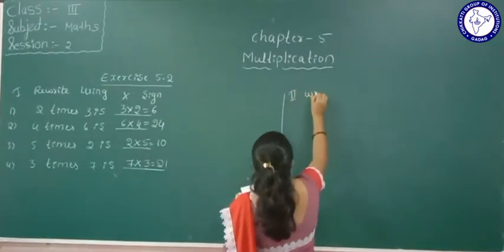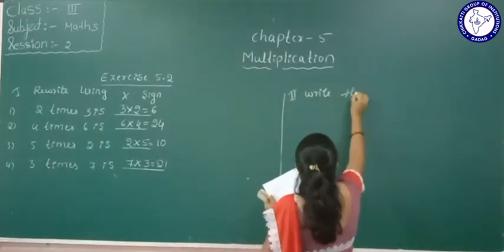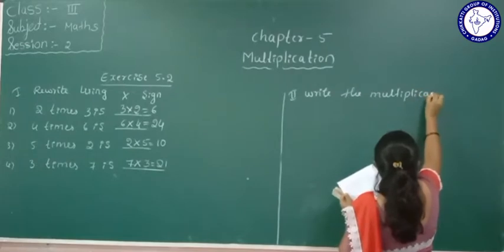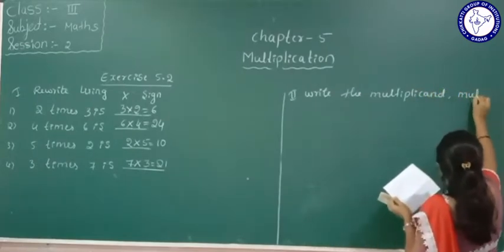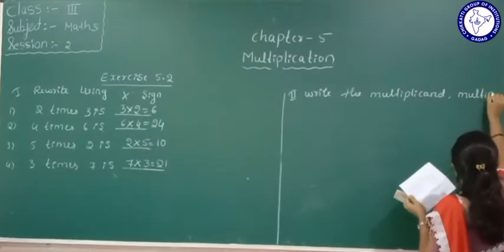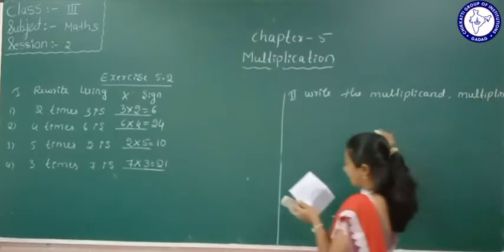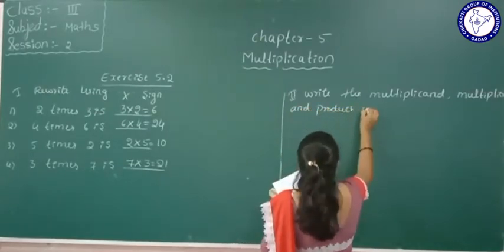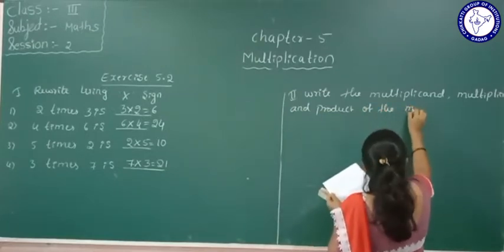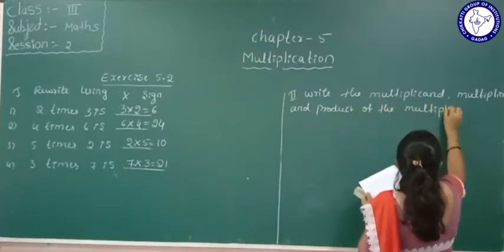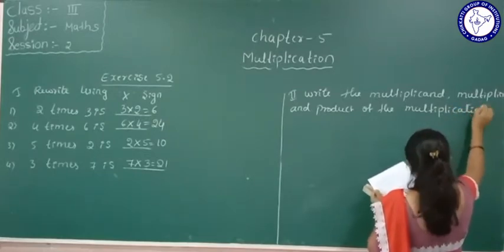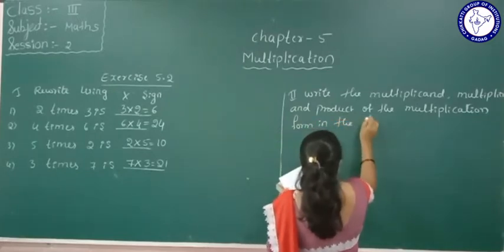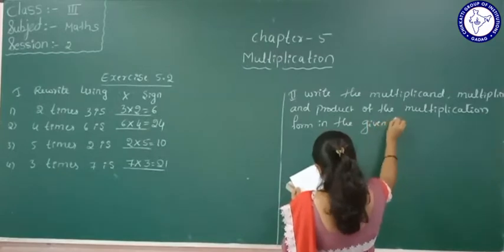Second main, write the multiplicand, multiplier and product of the multiplication form in the given box.